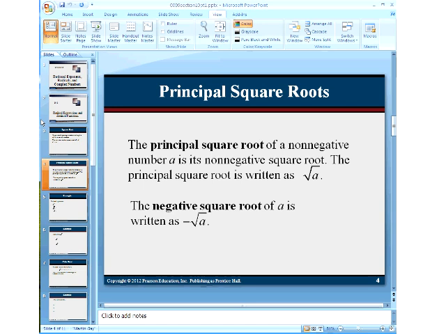So let me go back to the board and give you an example. Suppose I ask you to find the square roots of each of the following.